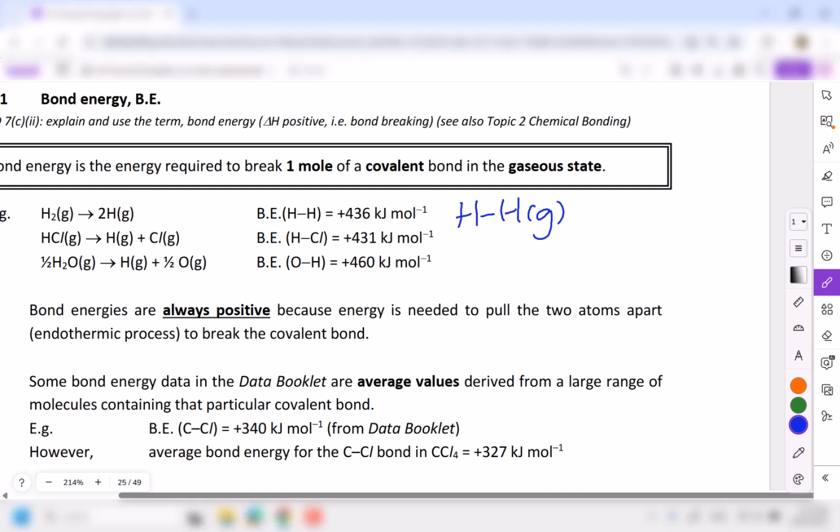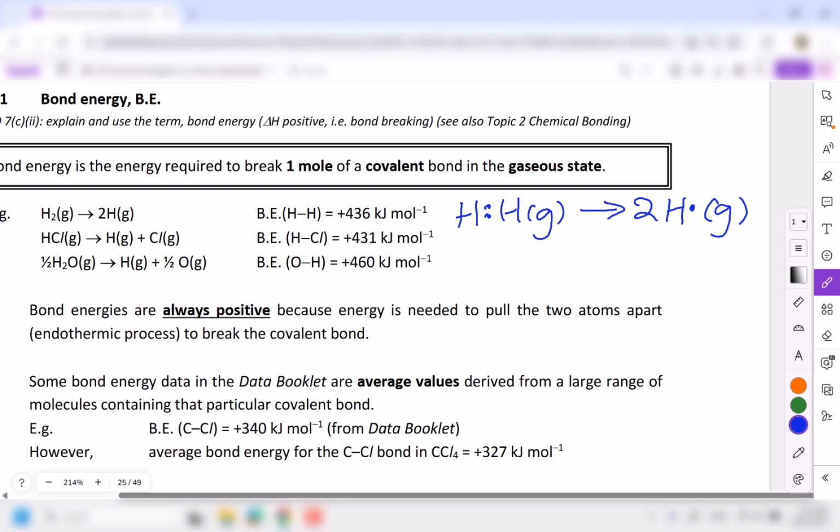That means that if you draw the dot and cross, there are electrons, they are sharing one electron or a pair of electrons. If it undergoes homolytic bond breakage, you are going to end up with two gaseous hydrogen atoms. So this is quite clear.